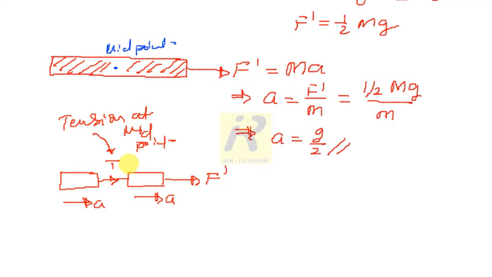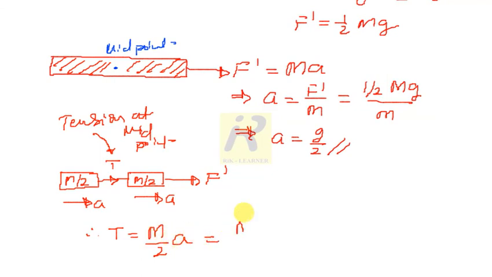How much should be the mass of the first box? It is m divided by 2. And this one is also m divided by 2, because both masses are the same, since it is the midpoint. The tension we are finding at the midpoint must be equal to m by 2 into a, mass into the acceleration.